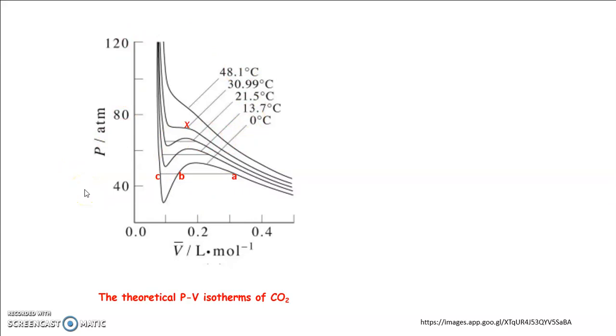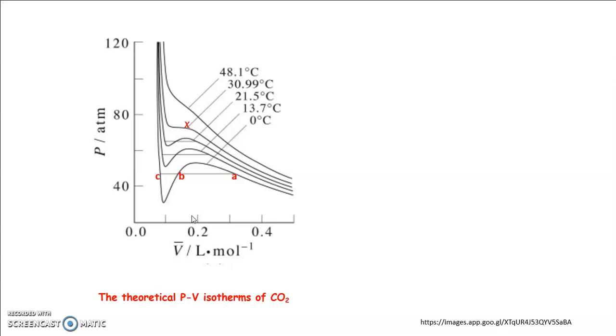It also may be pointed out that the isotherms plotted in this figure are based on theoretical calculations of V corresponding to different values of P obtained by using the van der Waals equation.